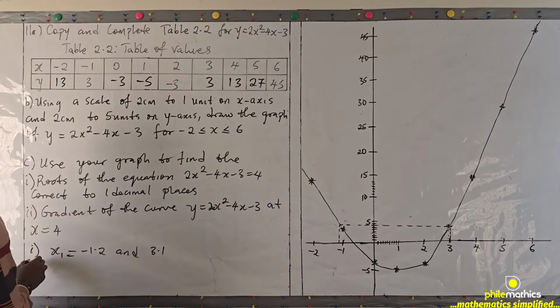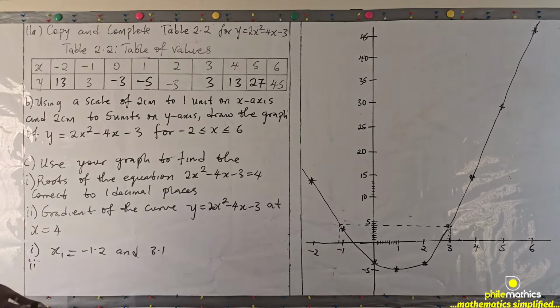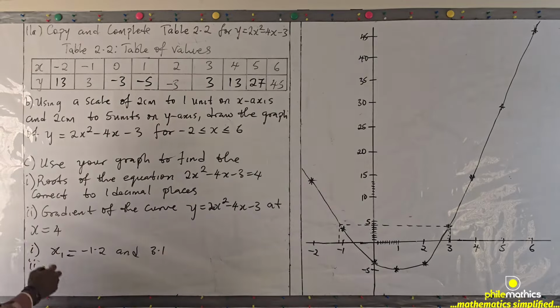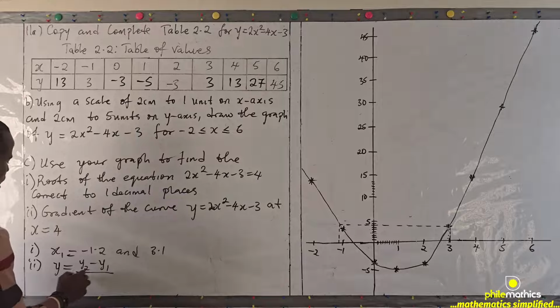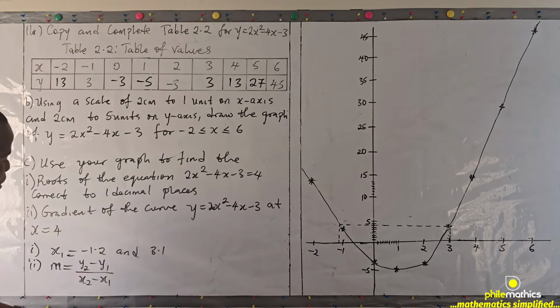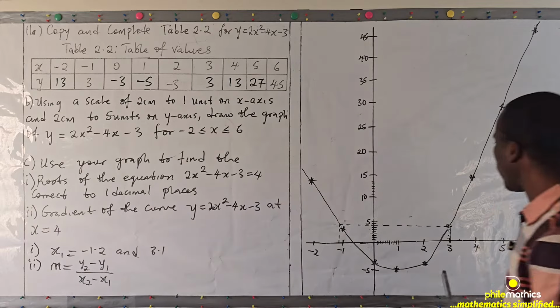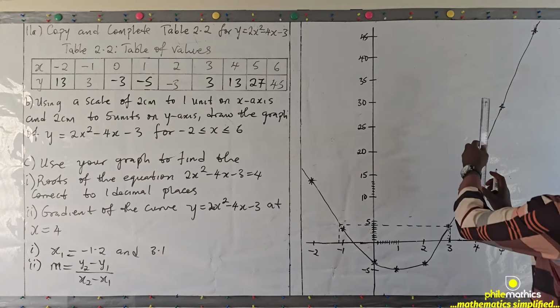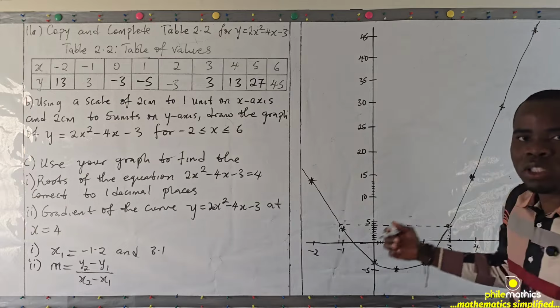For II, we have to look for the gradient of 2x squared minus 4x minus 3 at x equals 4. Remember, gradient is m equals y2 minus y1 over x2 minus x1. But at the point x equals 4, where is the point x equals 4? This is x equals 4. To find the gradient, we can use two values that we know.